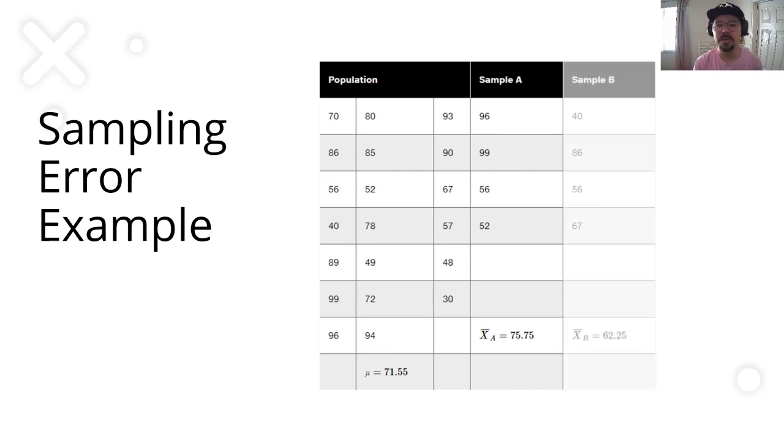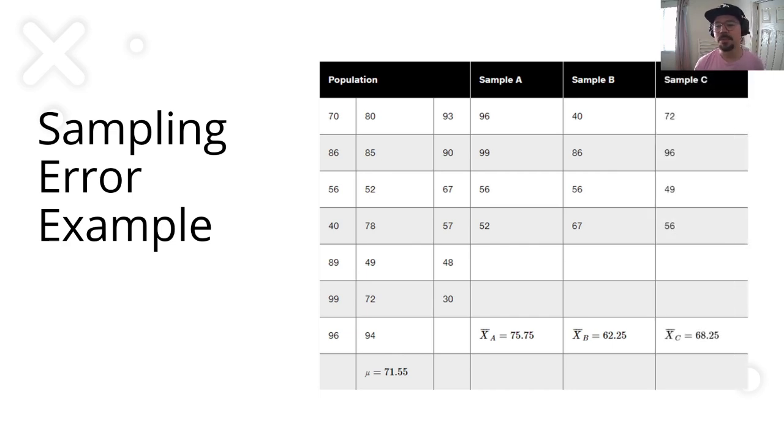What if we pulled another sample? Let's say this is sample B. Again, you could pause here, do the same thing. Notice that all of these scores in sample B are scores that have been pulled from the population. In sample B, you add up the scores, divide by how many there are, you get an average of 62.25. And again, this 62.25 is not the exact same as the population mean, okay? And finally, sample C did the same thing, 4 scores from the population.